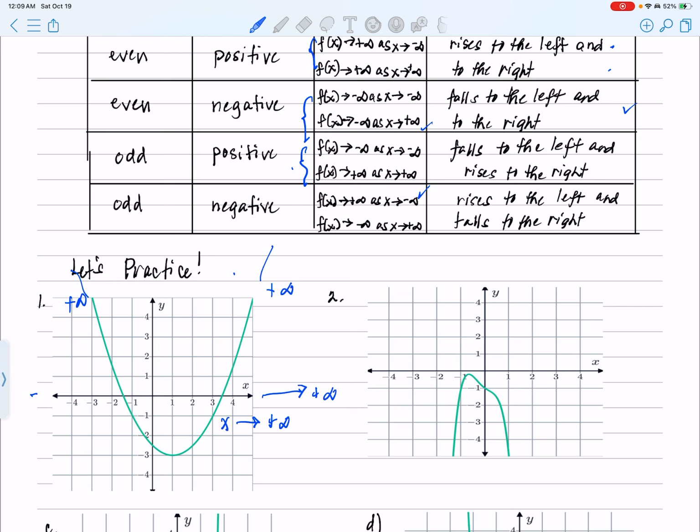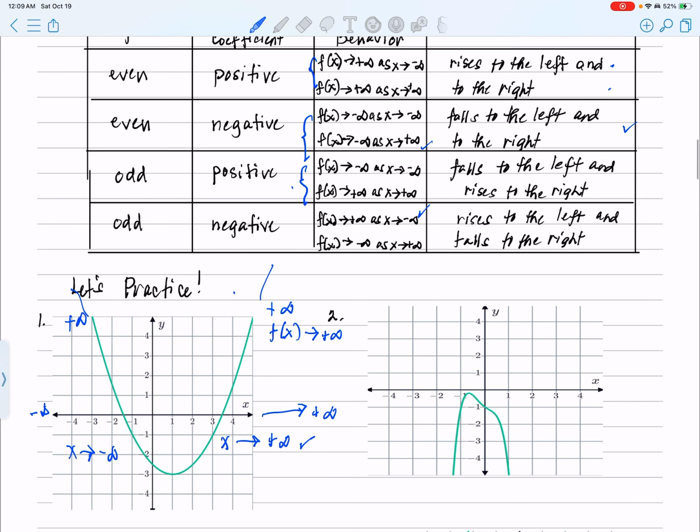Left goes to negative infinity. So in this case, as x approaches positive infinity, the function of x approaches positive infinity.